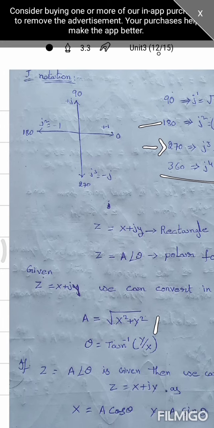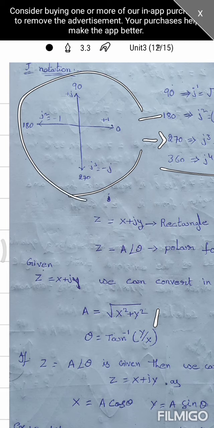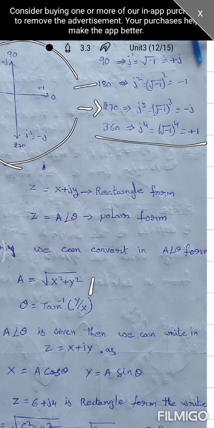If you represent this diagrammatically or graphically, we get it like this. So generally this J term is used for root of minus 1. Practically these are used like this: Z is equal to X plus JY, where X is the real part and Y is the imaginary part.